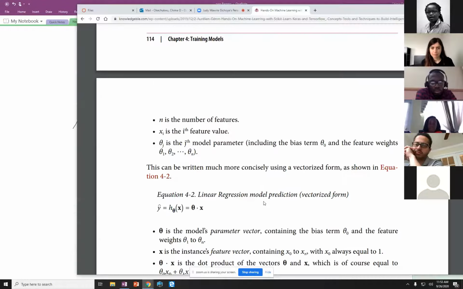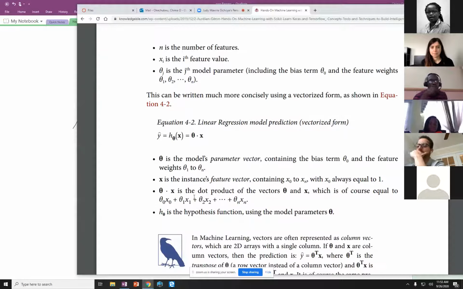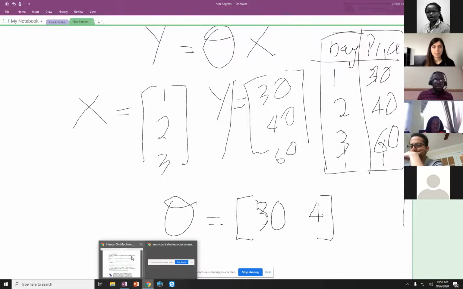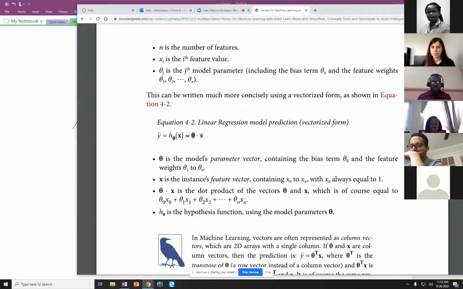So if we looked at this, theta is 2 by 1. So this example will be 2 by 1 times 1 by 3.